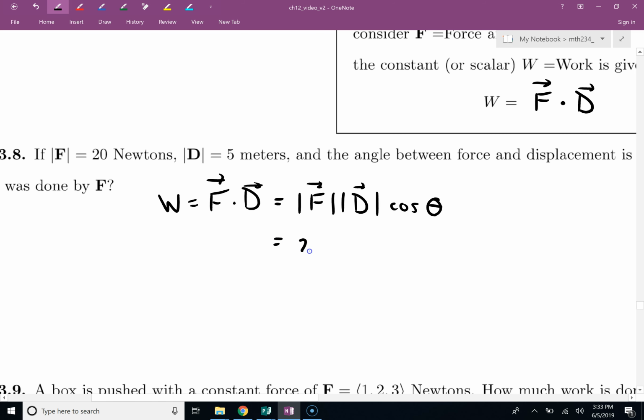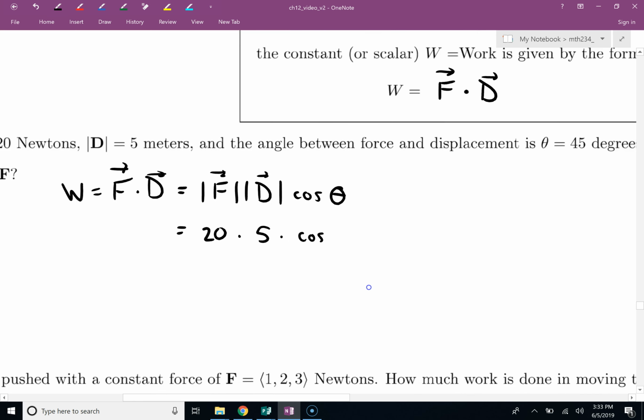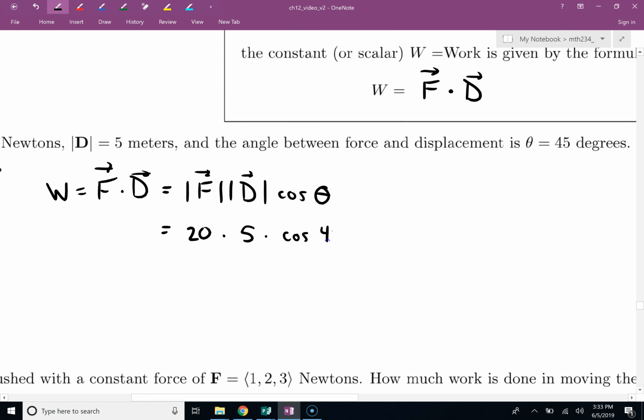And these are things that we actually have: the force being 20 newtons, the magnitude of the displacement being 5 meters, and the angle between them being 45 degrees. The cosine of 45 degrees is root 2 over 2. So 20 times 5 times root 2 over 2: a little cancelling out and we get 50 root 2.